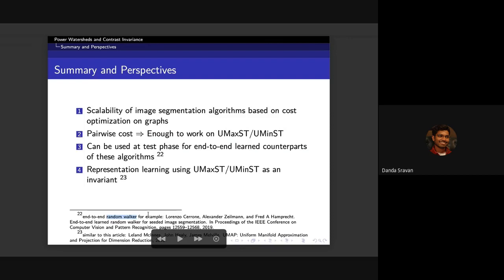For this particular end-to-end learned segmentation algorithm, one can use the fact that it depends only on a substructure, and at the test phase, if I use this substructure, I can speed up the testing. So this is one way to go about it. In fact, many more algorithms are being learned end-to-end. I didn't mention it here, but this is one way to use these ideas.